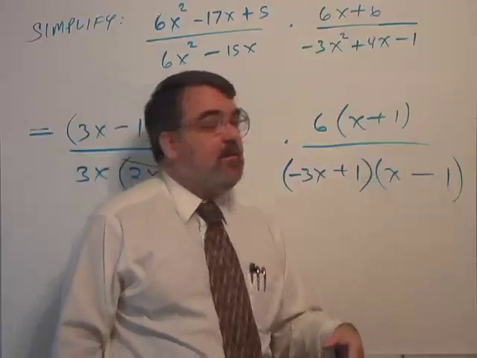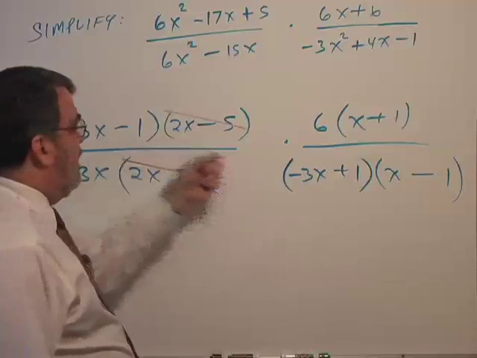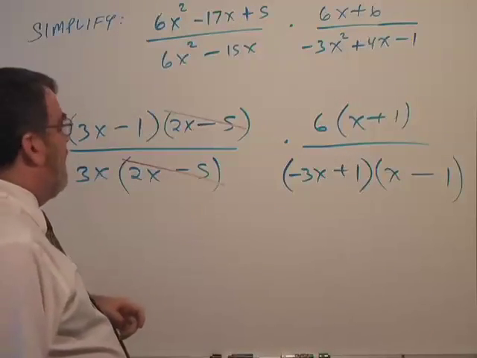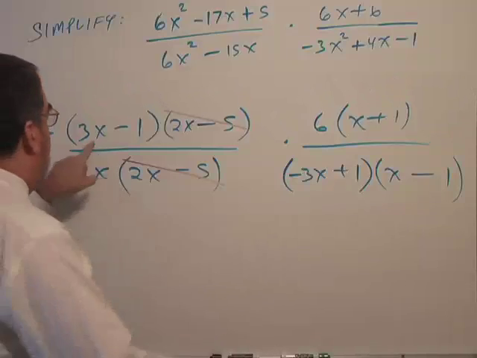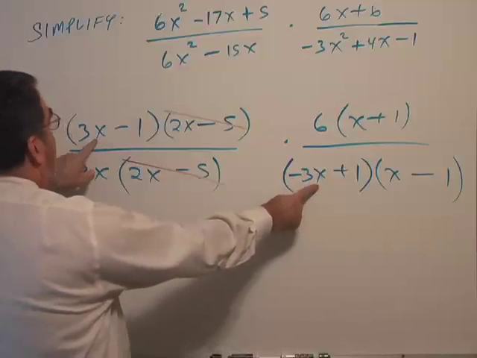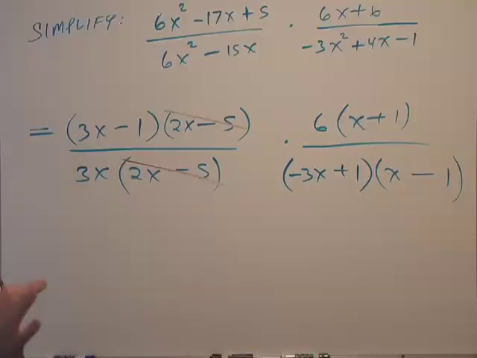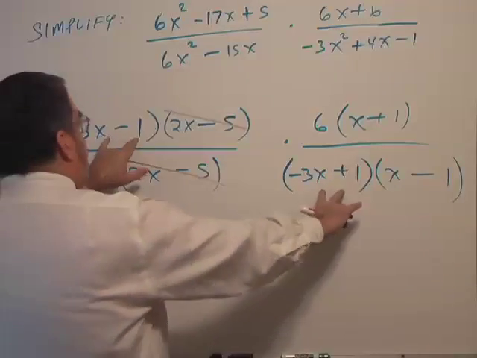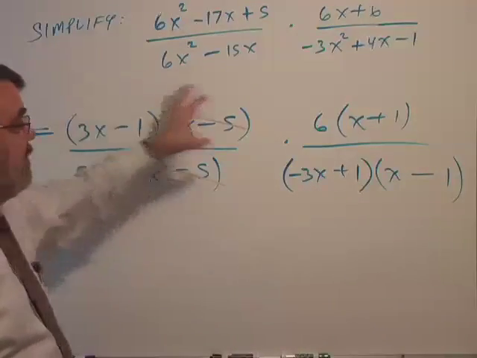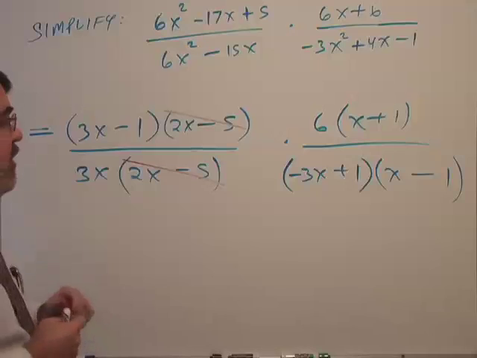They're different. It doesn't look like this would cancel until you look at it more closely and say, wait a minute, they're opposite signs, aren't they? 3x, negative 3x, negative 1, positive 1. So that's that case where we have opposite signs. A number divided by its opposite is negative 1.